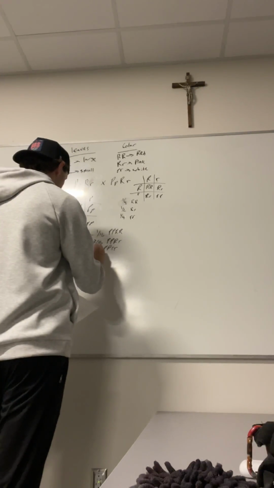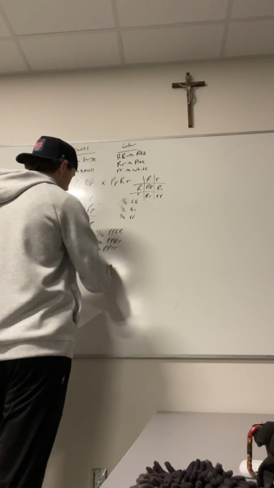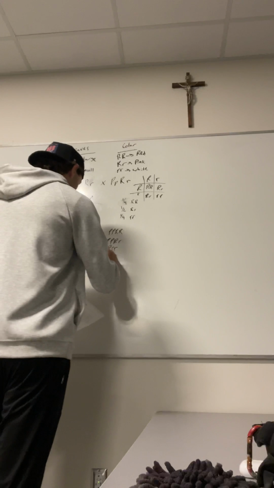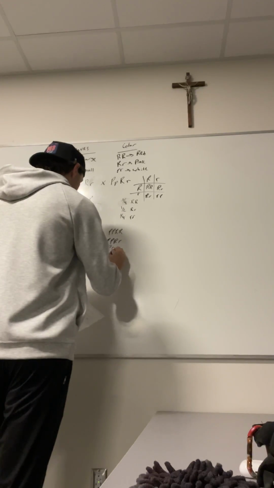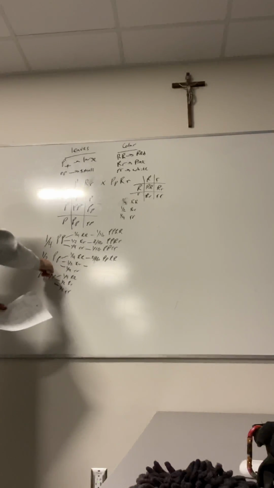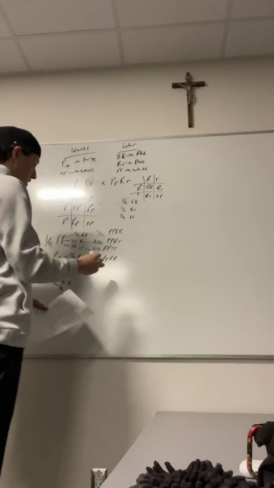This would be 2/16 capital P, lowercase p, capital R, because again we're multiplying the 1/2 times 1/4 to get 1/8, but I want to keep them all on 16ths to make the math a little easier at the end.